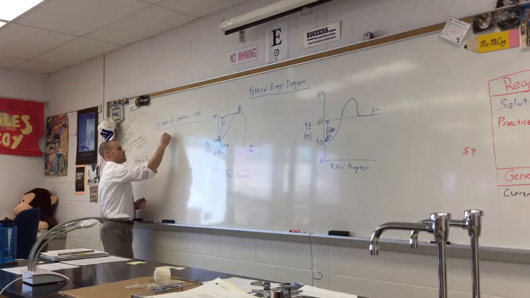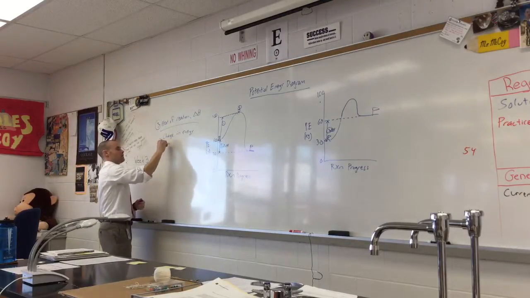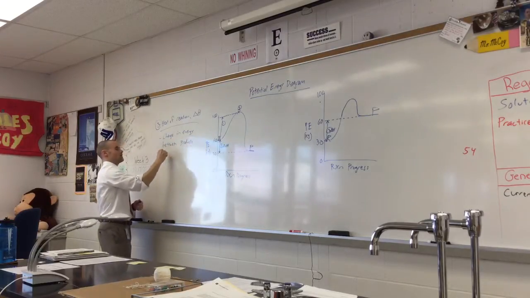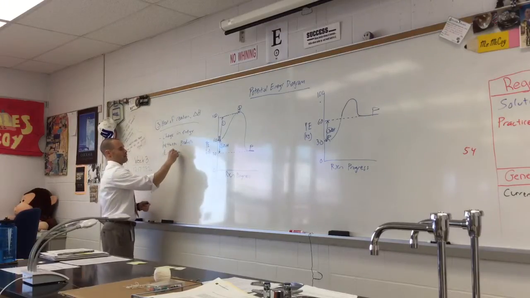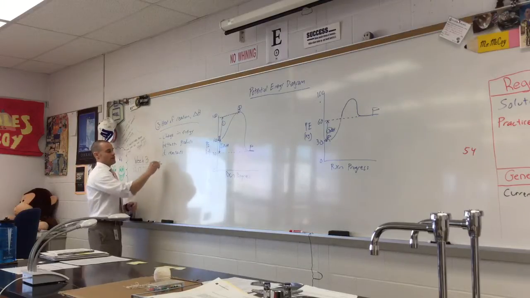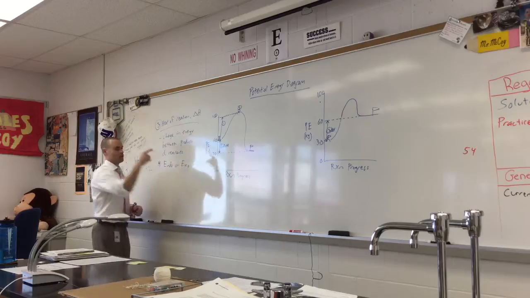The change in energy between products and reactants. Like Isla said. Between products and reactants. This tells us if it's endothermic or exothermic. Endo or exo is determined based on that.